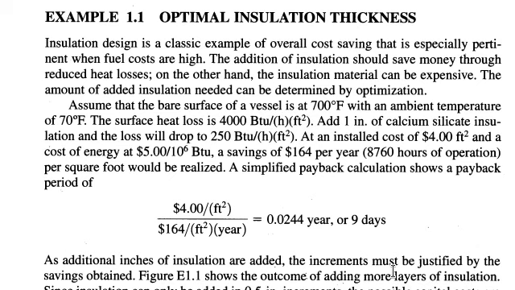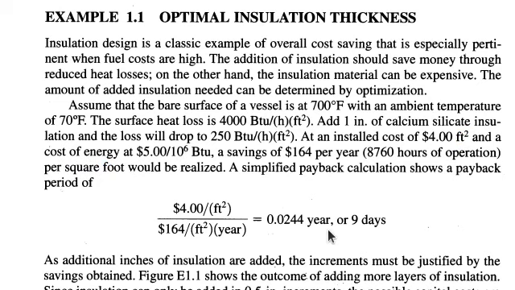If you add 1 inch of calcium silicate insulation over it, only 1 inch, the loss will drop to 250 BTU. Also you will have to invest money in insulating. The cost of insulation is $4 per square foot, and the cost of energy is $5 per this much BTU.